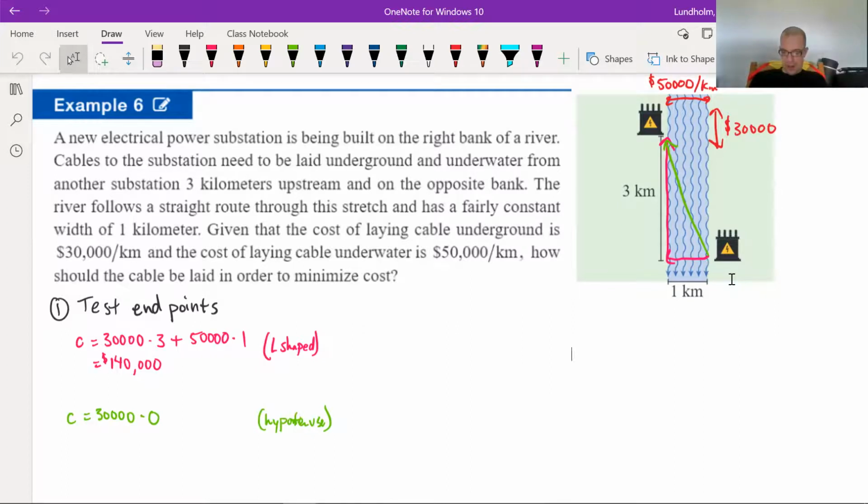It's all going to be underwater. And a long ways underwater. In order to find the hypotenuse, we would do 1 squared plus 3 squared equals 10. Then you take the square root of that to get the square root of 10. So this would be 50,000 times the square root of 10, which I think is going to be 150 some.